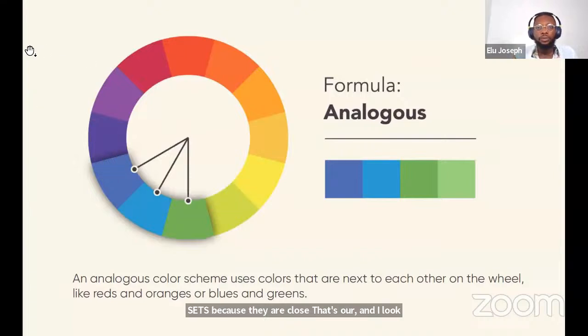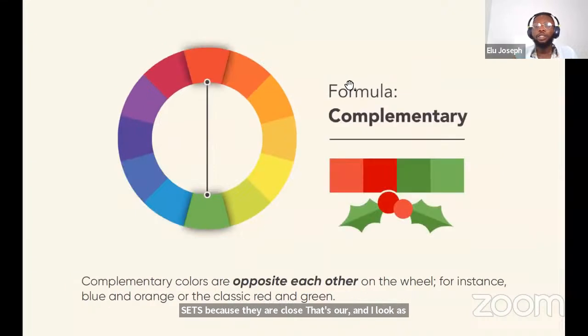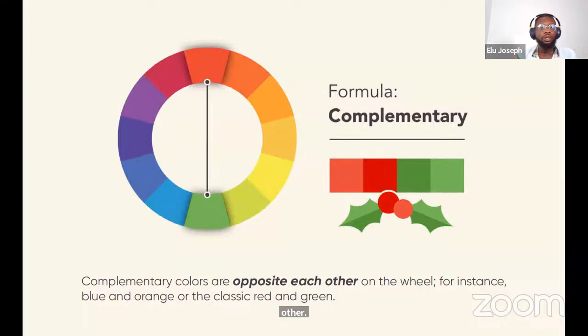Okay, now, complementary are simply 2 colors opposite each other. So it could be this and this. It could be this and this.